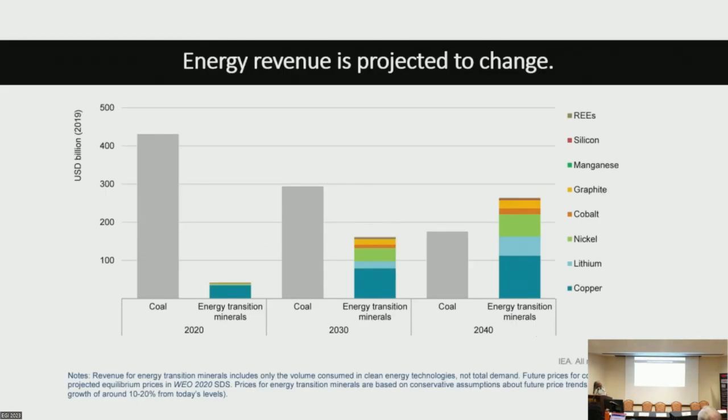This one's actually important. The energy revenue, because in the end, this is what drives everything, right? We can sit here all day and say, be clean tech, but the numbers suggest that, and according to the report, these are conservative numbers, but eventually everyone knows the revenue is high on coal and fossil fuel type stuff.